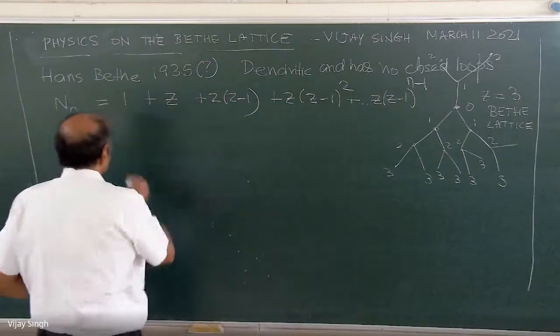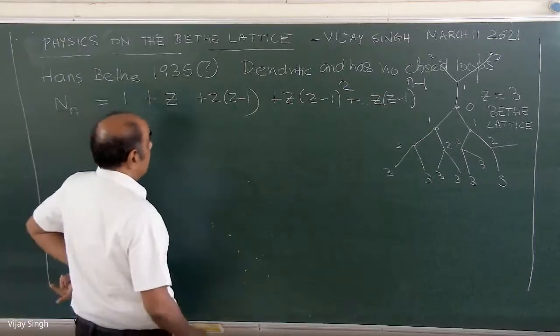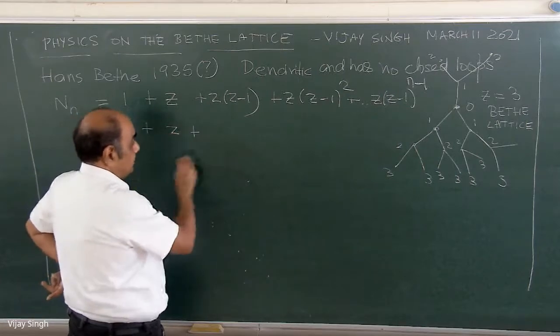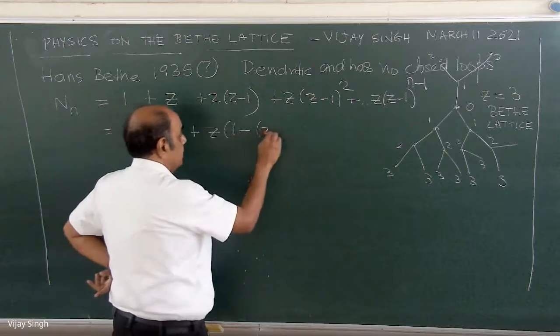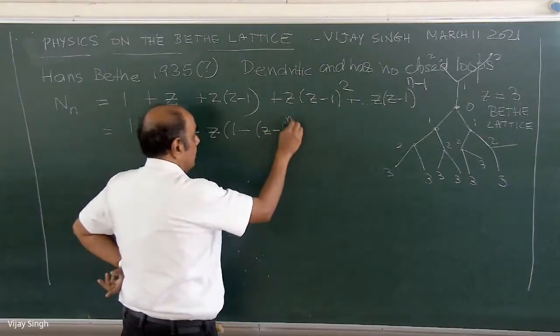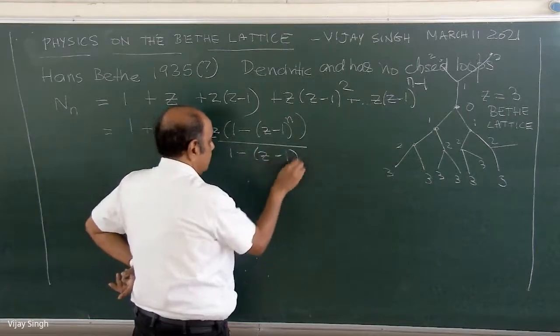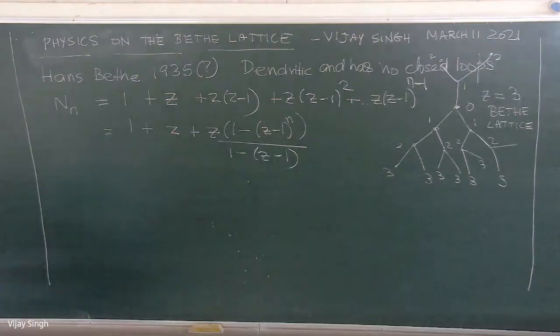If I sum the series, this is equal to 1 plus z into 1 minus z minus 1 to the power n over 1 minus z minus 1. Because it's a geometric series, I can sum it up. Is that clear?